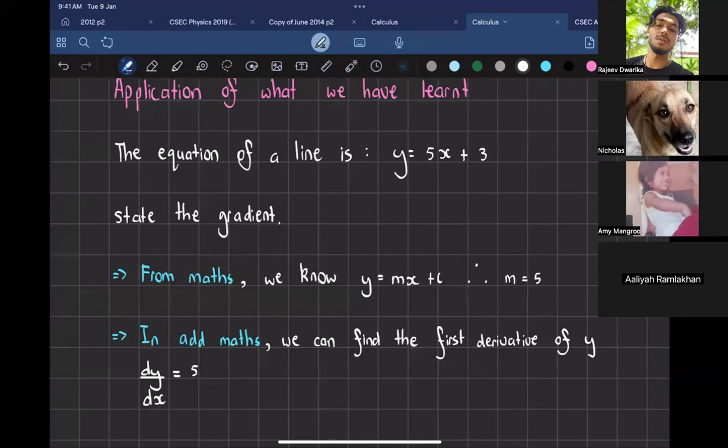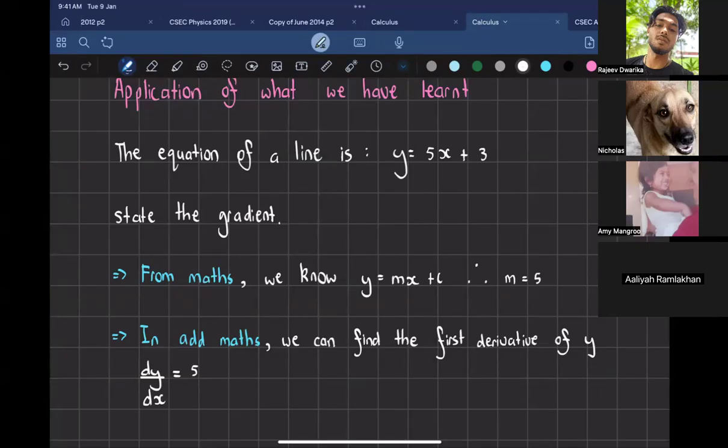Is everybody acquainted now? Aliyah, when you find the first derivative, you're finding for the what? What function are you finding for? The gradient function. So y is equal to mx plus c.